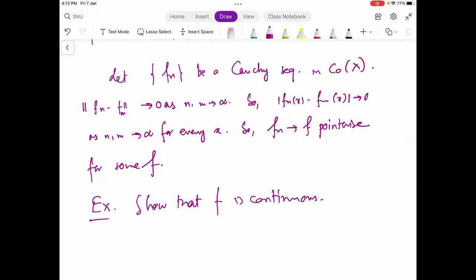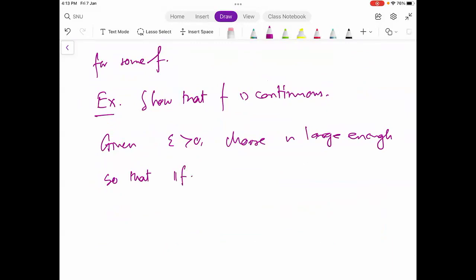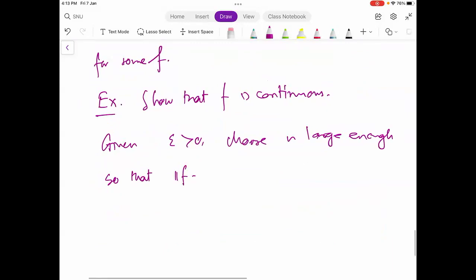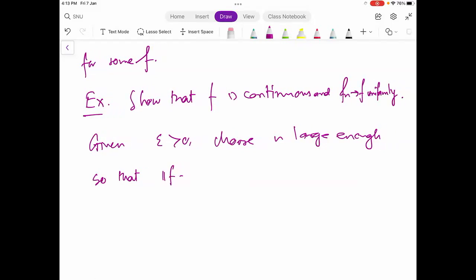Given epsilon positive, choose n large enough so that f_n goes to f uniformly. This is exactly like the proof of C(X) being complete.